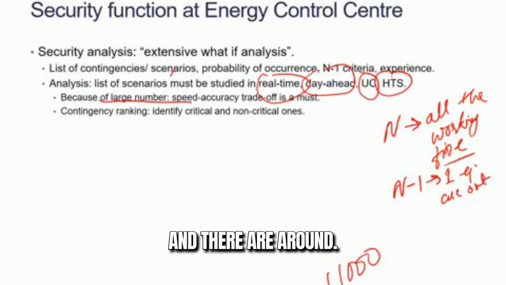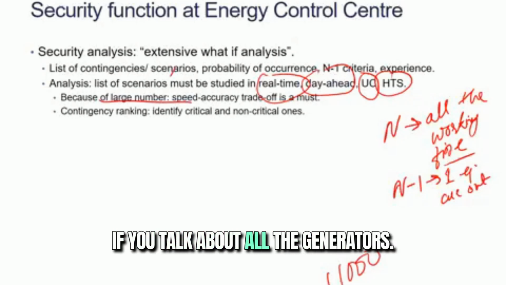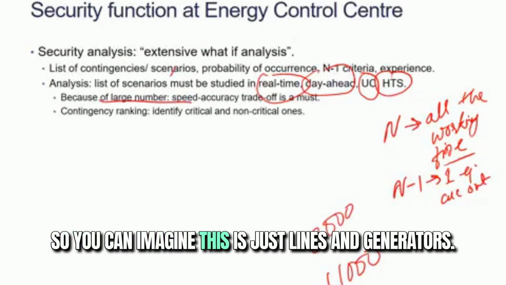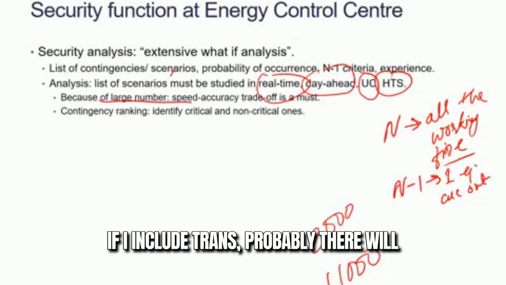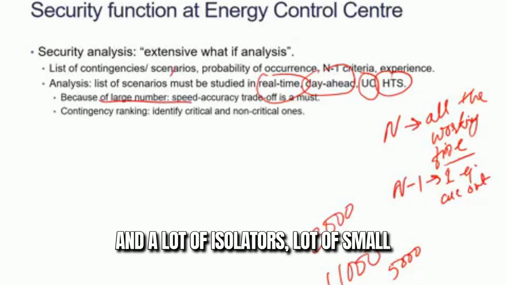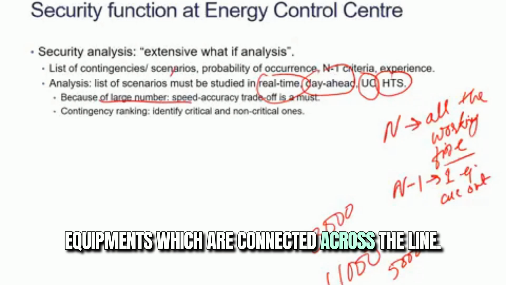And if we talk about all the generators, we have more than 8,000 generators. So you can imagine this is just lines and generators. If I include transformers, probably there will be another 5,000 transformers across the country, and a lot of isolators, a lot of small equipment which are connected across the lines.